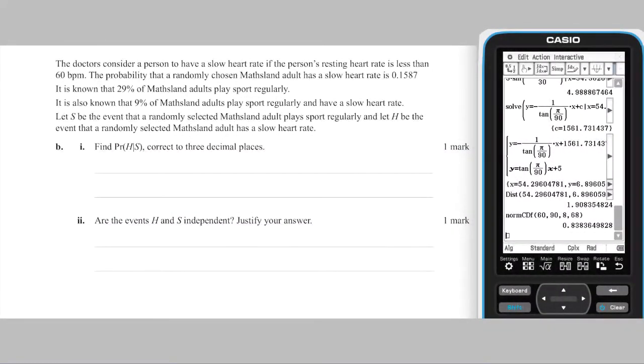Part B, Part 1. The probability of H given S is equal to the probability of H intersection S divided by the probability of S. The probability of H intersection S is the probability that a randomly chosen adult both plays sports regularly and has a low heart rate, and this probability is equal to 0.09.